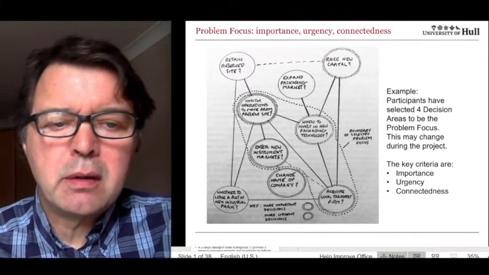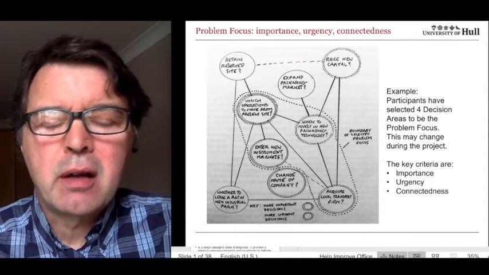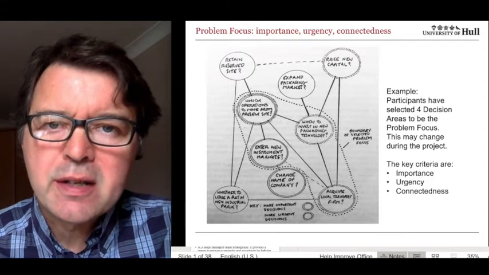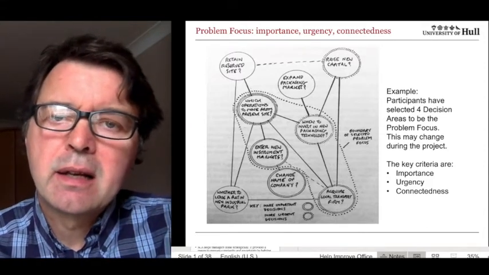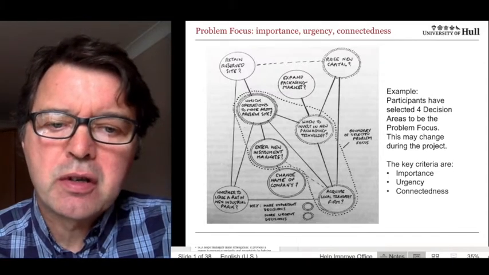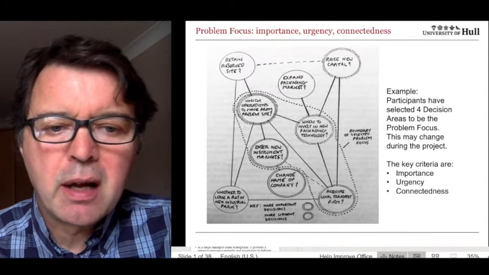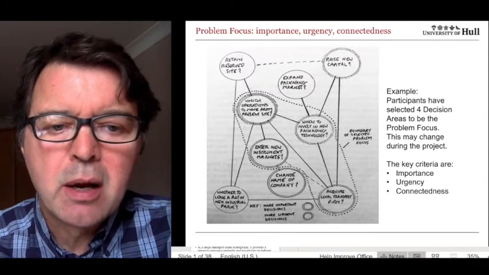Because we've got a lot of decision areas there, 9, we want to focus in if we can. In this particular case, the managers decided to focus on 4 of those decision areas, and we've put a boundary around that. You can see it says boundary of selected problem focus.